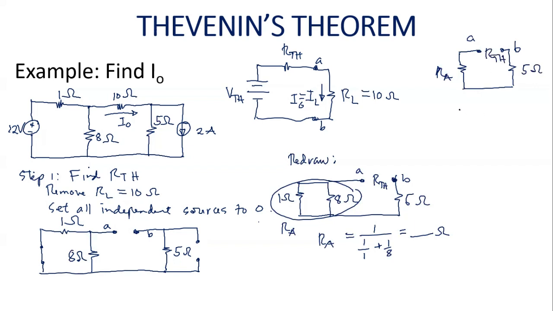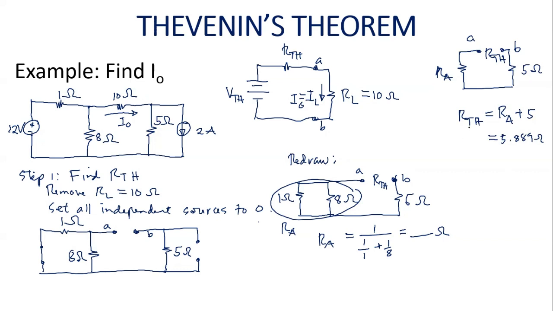We observed that RTH is just simply equal to the series combination of RA and the 5 ohms. So it is RA plus 5. If you compute for RA, then add it to 5, that's equal to 5.899 ohms. Okay, so then we have already found the RTH.